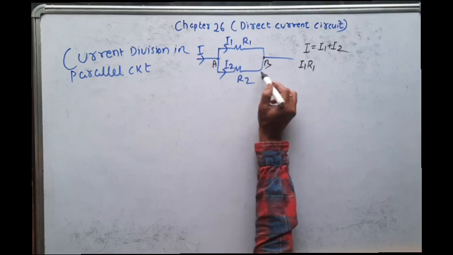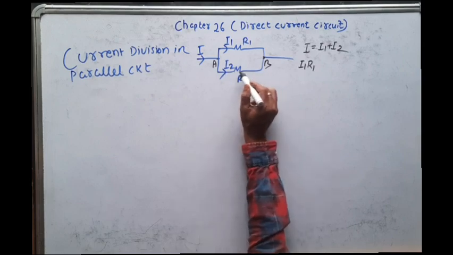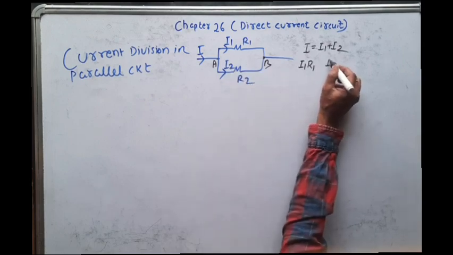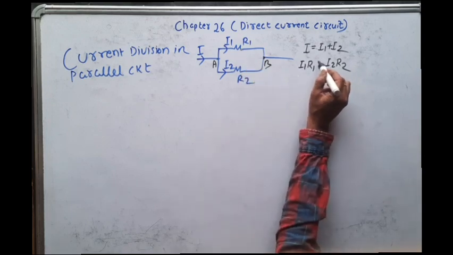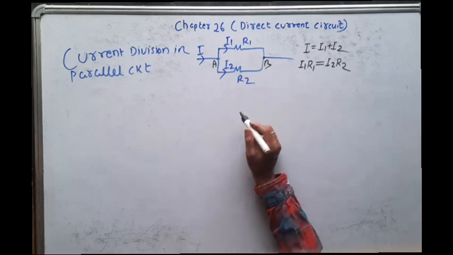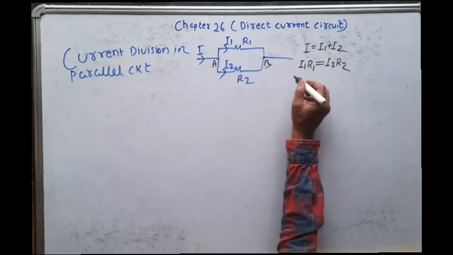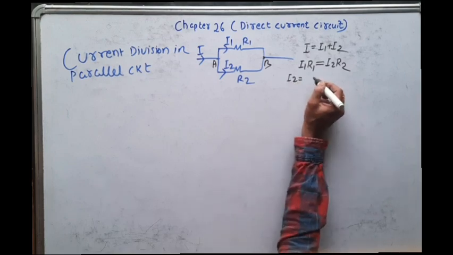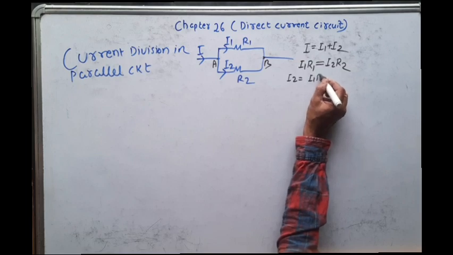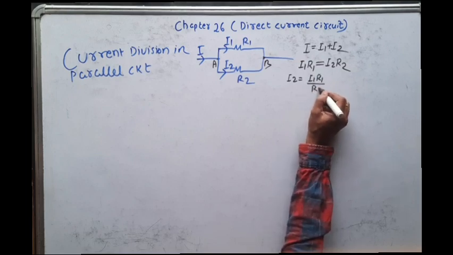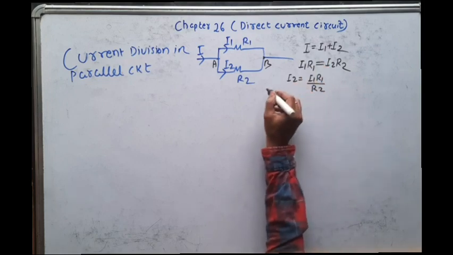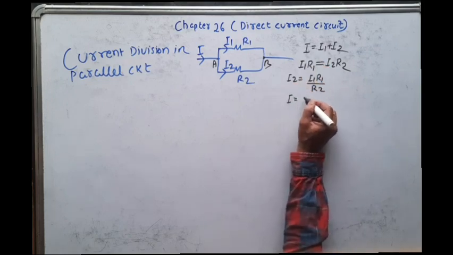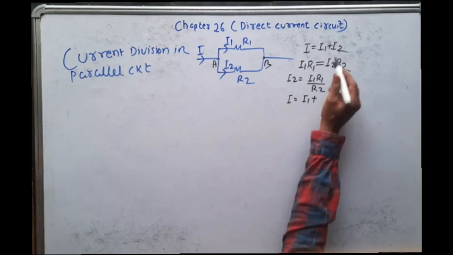And what is the potential difference across R2? The current is I2 and the resistance is R2. And since both are connected in parallel, the potential difference across the two will be the same. Or we can say I2 is equal to I1 R1 divided by R2. So from this equation, I is equal to I1 plus I2.